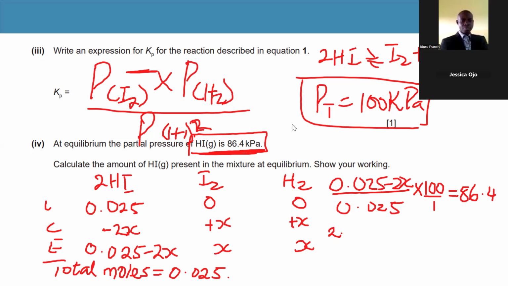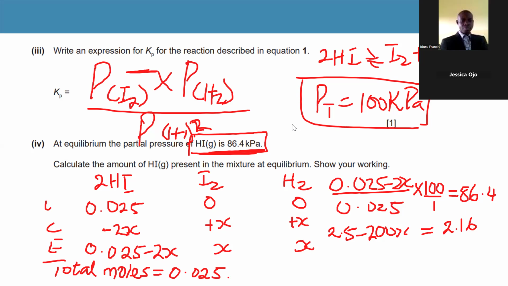So we have 2.5 minus 100x equals 200 times 0.025 times 86.4. That would be 2.16.